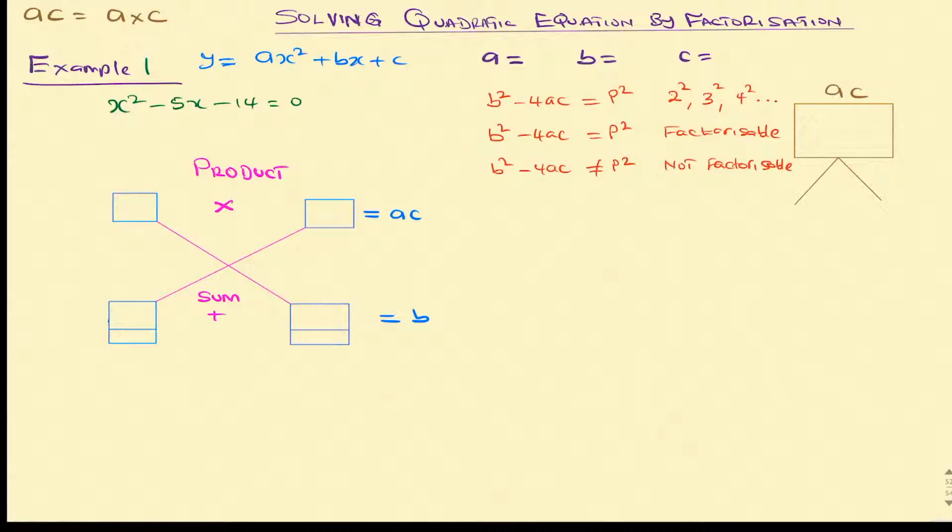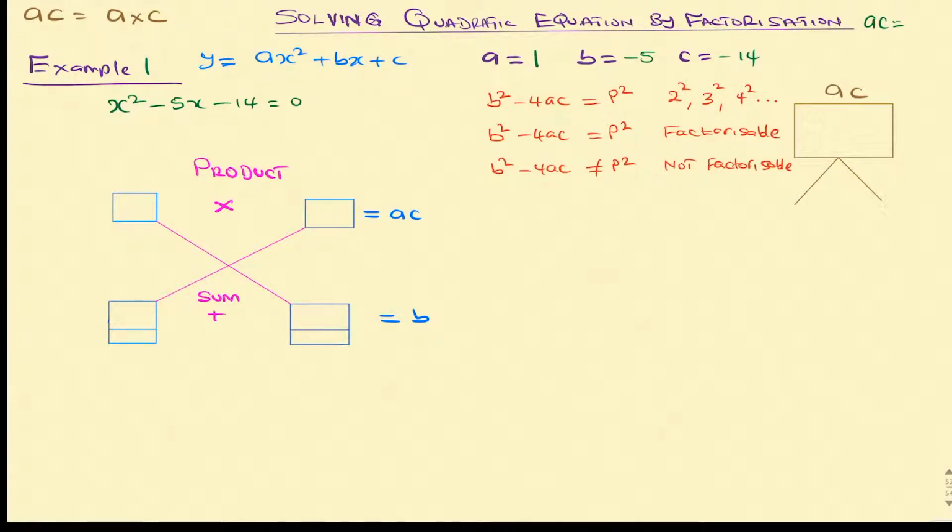The first thing we need to do is write down the a, b, c. From the equation given, x squared minus 5x minus 14, we set that to 0. And a is 1, b is minus 5, and c is minus 14. We then need to find AC.